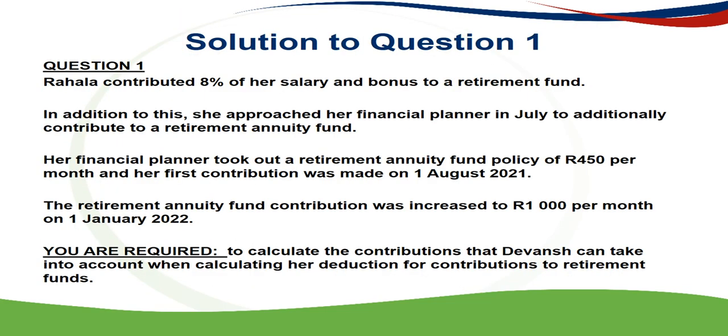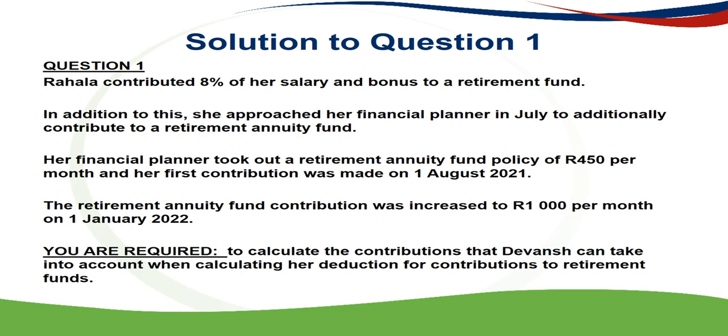Let's look at the solution to question number 1. Rahala contributed 8% of her salary and bonus towards her retirement fund. She also decided to add additional funds to a retirement annuity fund of 450 Rand per month, and her first contribution started in August 2021.